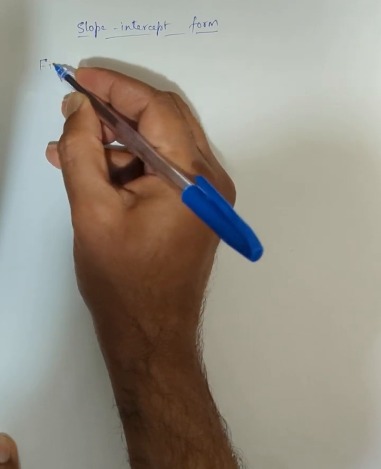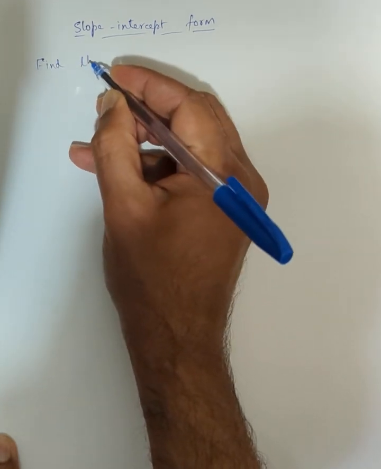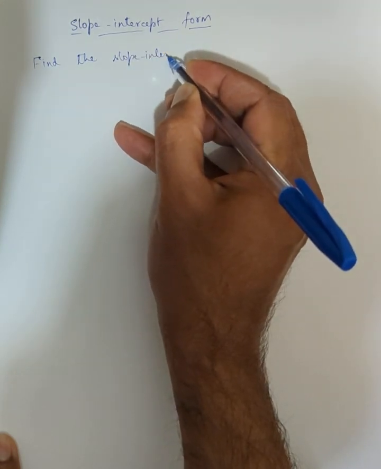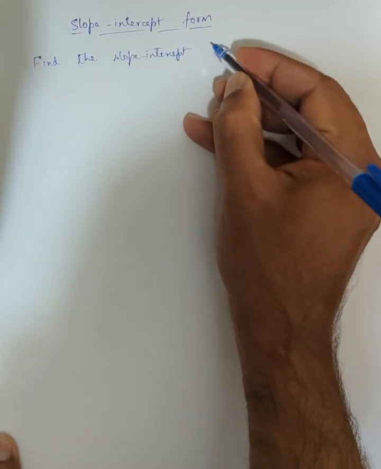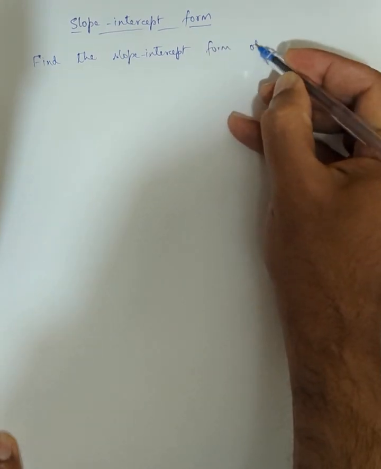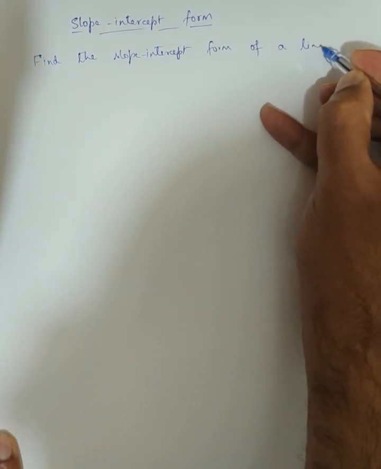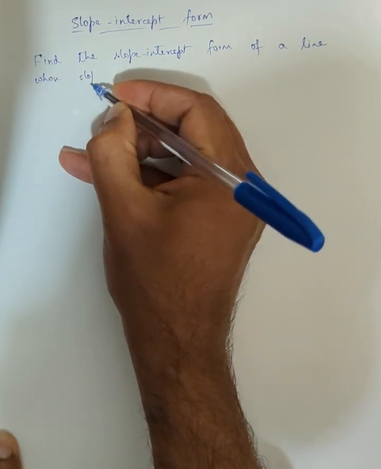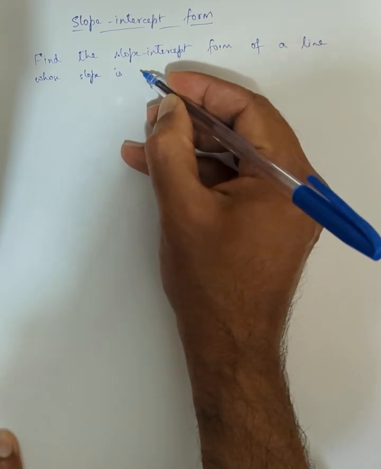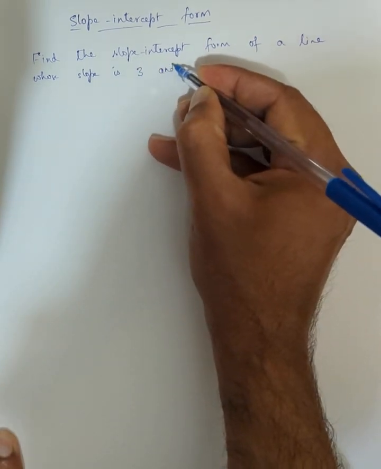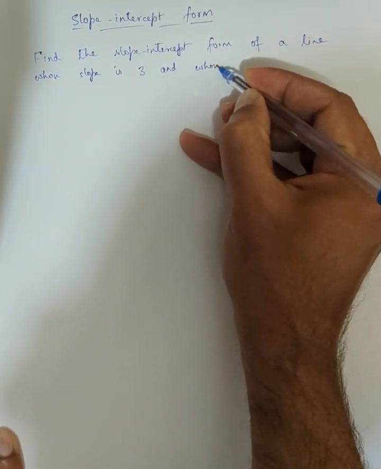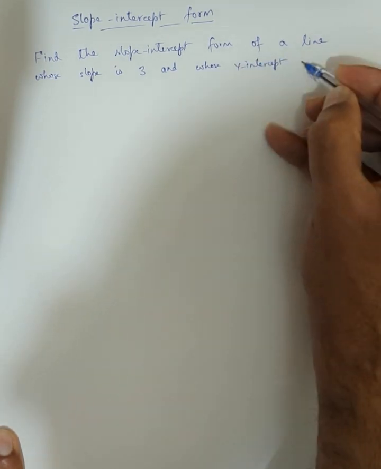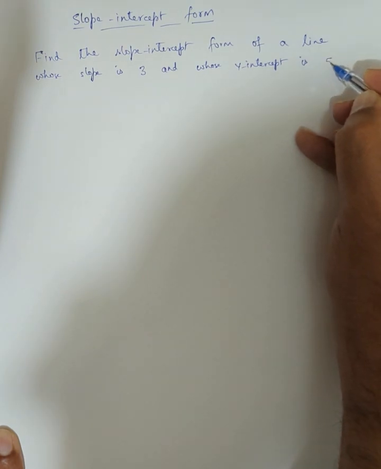Find the slope-intercept form of a line whose slope is, say, 3 and whose y-intercept is, let's say, 5.